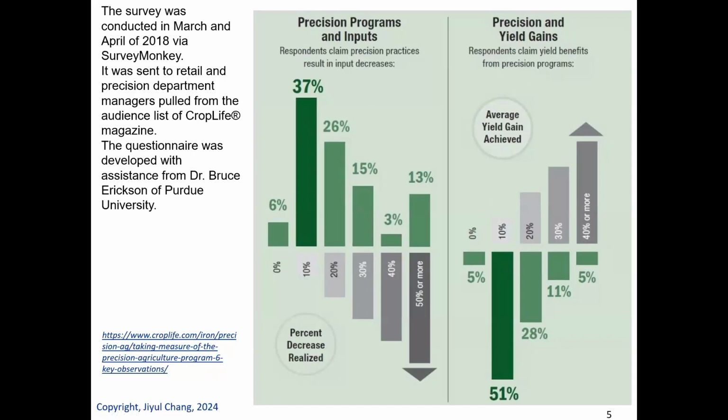And 28% said they increase grain yield by 20%. Five percent of dealerships said they increase grain yield by 40% or more when they use precision ag practice. Again, almost 80% of the dealerships said they increase grain yield when they use precision ag practice. So that is very good evidence about the benefit of precision ag practice.